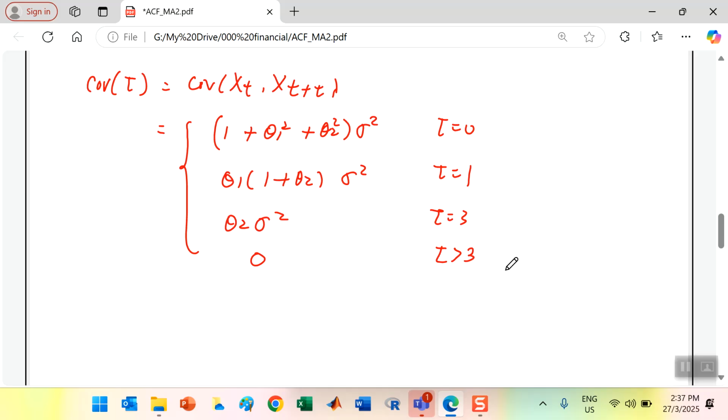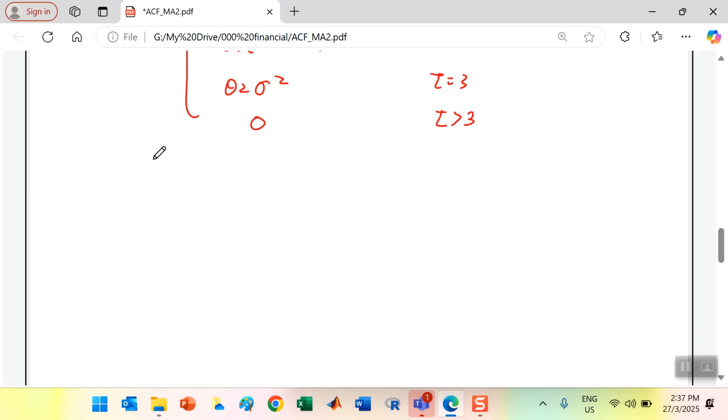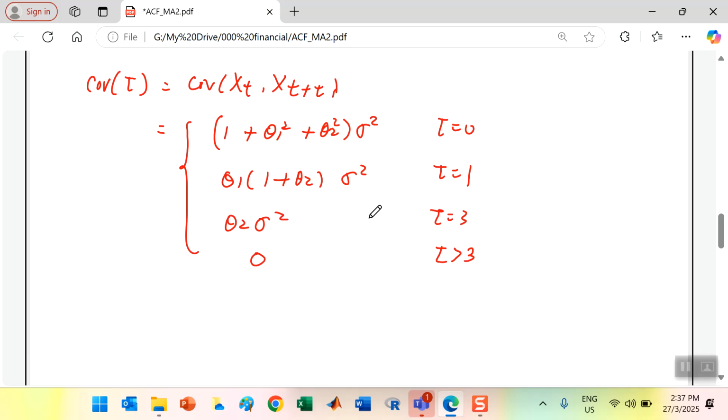Okay, so if you have a covariance function, we can actually determine the ACF, which is rho of h or tau. This is basically equivalent to gamma of tau over gamma of 0. So just substitute this value over this value.